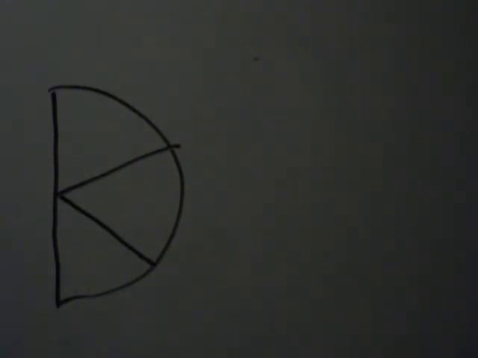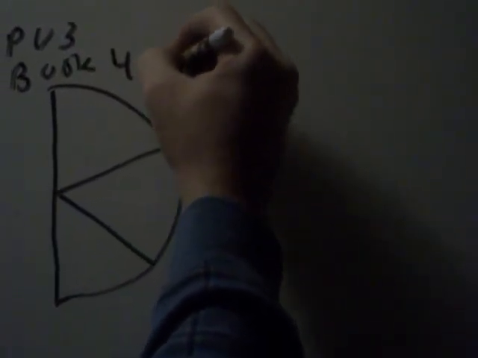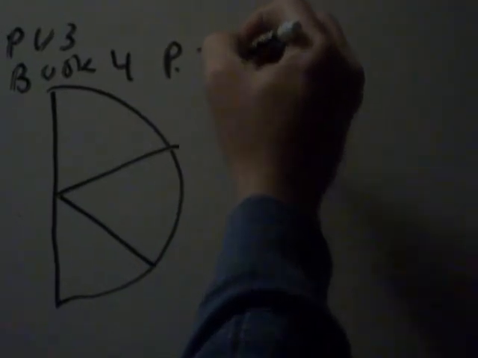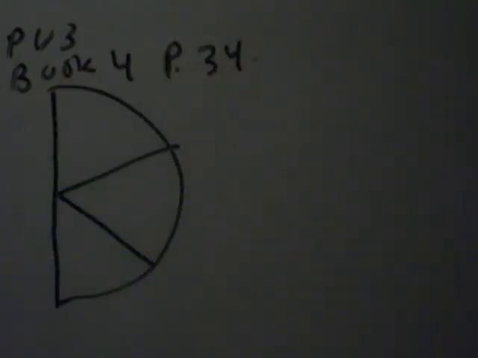When you go through the rest of the proof, you begin to realize how related Pappus Book 4, proposition 34 is. I'm not going to write out all of the proposition there, but you get it.